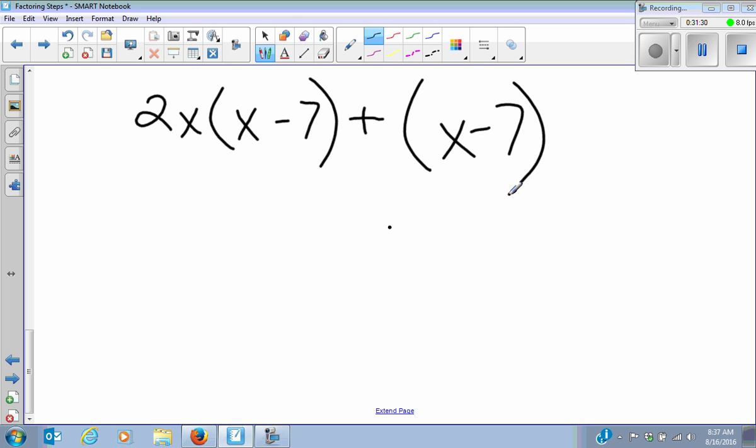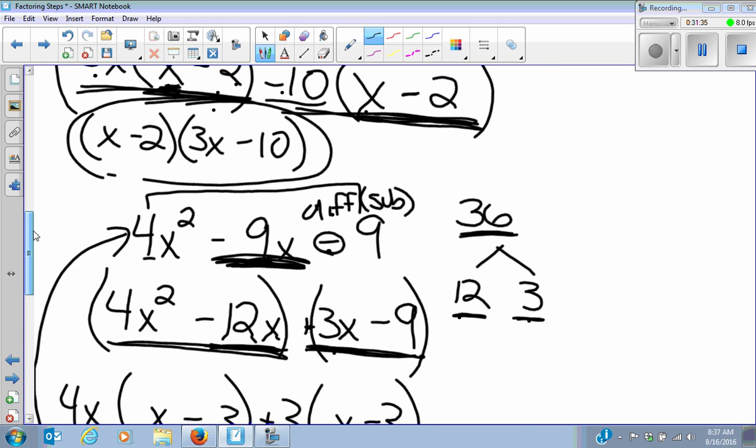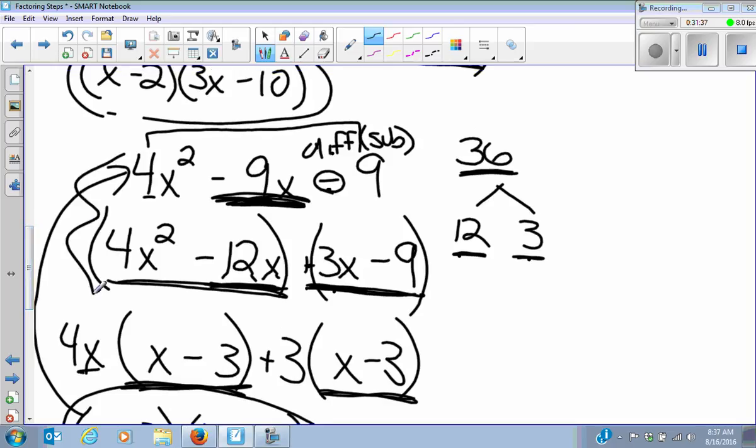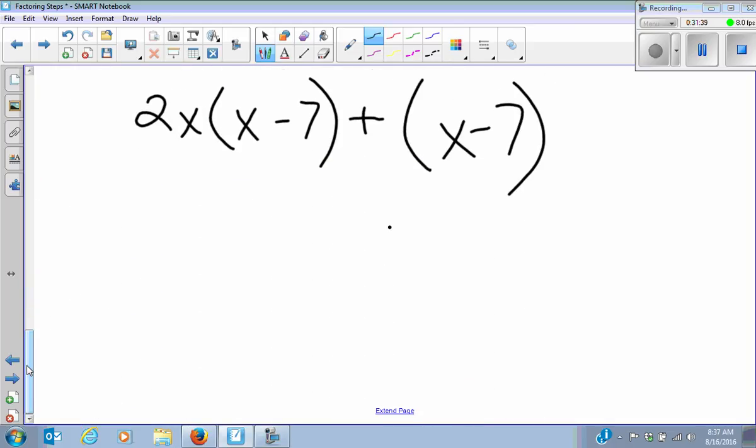So let's say I do all that work above this. I do all this work, and I get left with this. Is everybody where I'm at in the problem? I've pulled out the greatest common factor already, and then I looked here, and there was no greatest common factor. But I see, hey, this has an x minus 7, and this has an x minus 7. That can happen.